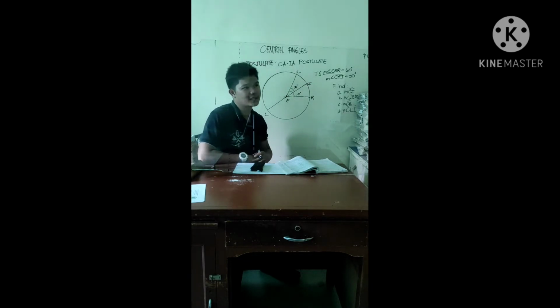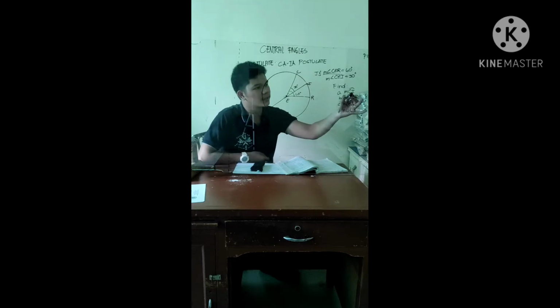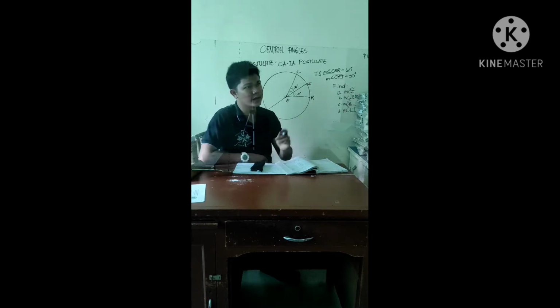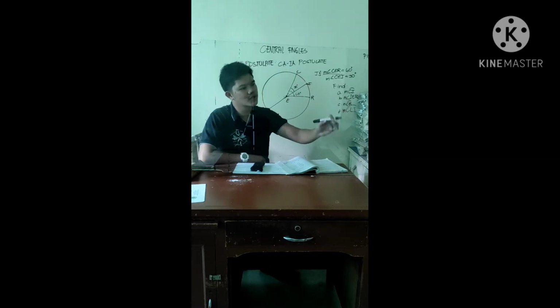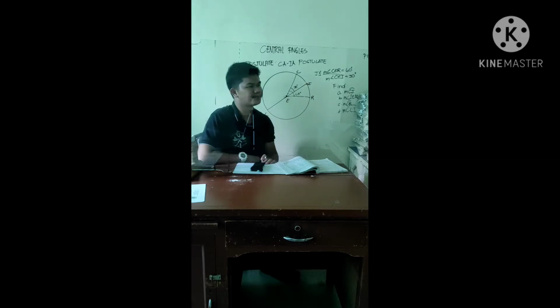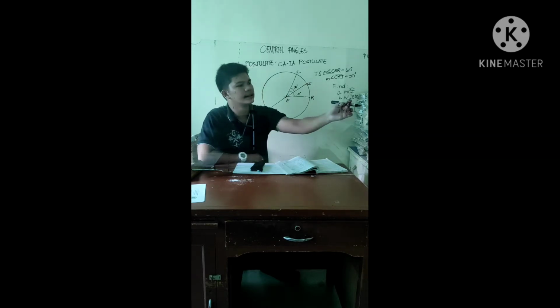So, yung hinahanap natin is your measure of arc CI, okay. So, si CI daw, and then measure of angle IER. So, IER. Okay? And then, measure of your arc CR.